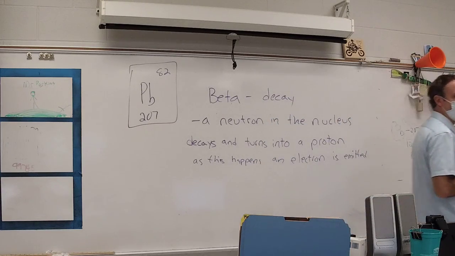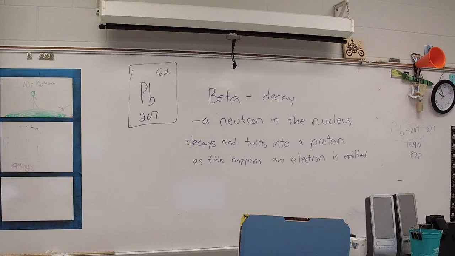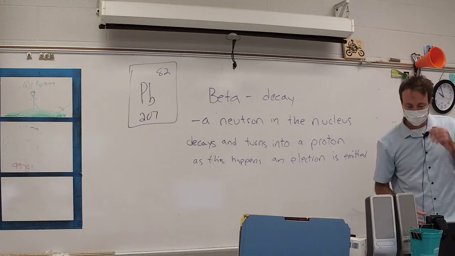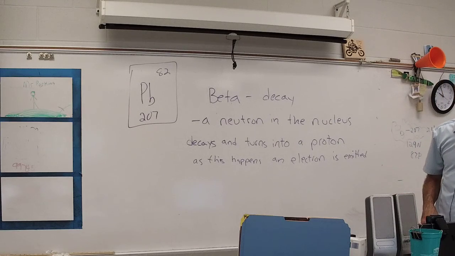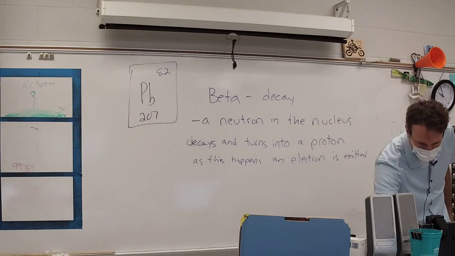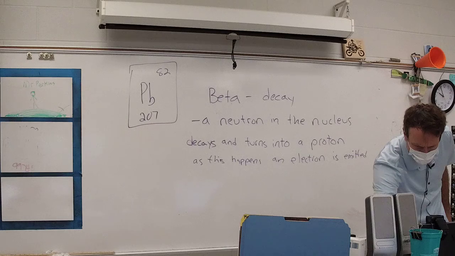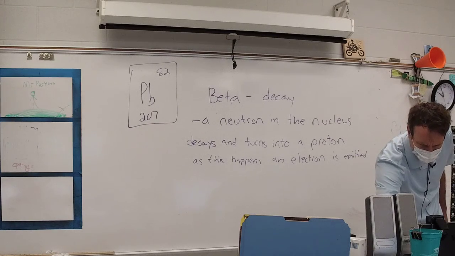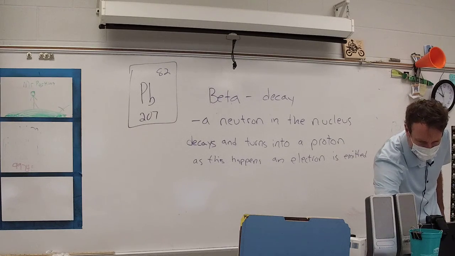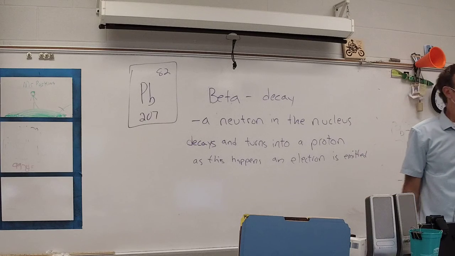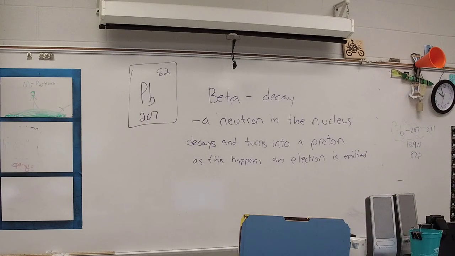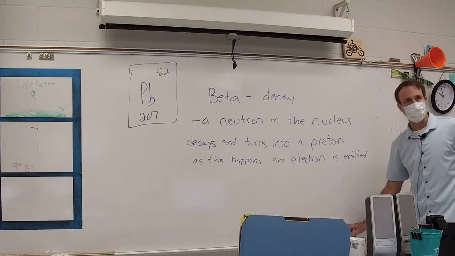So if you're around beta negative decay, you will notice electrons being emitted into the air. If you are around an atom that is going through beta negative decay, electrons are emitted. And let's take a look at this mathematically happening one time. Ready?